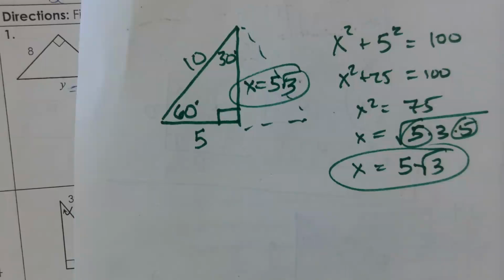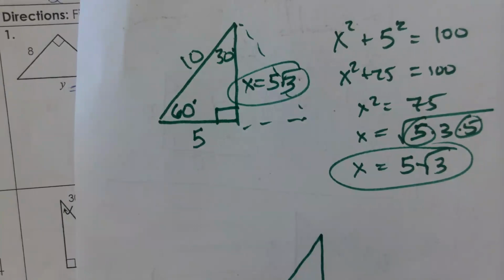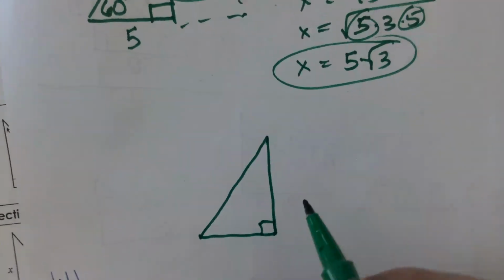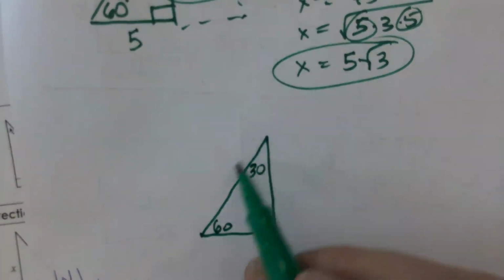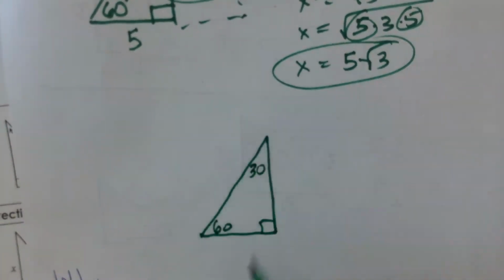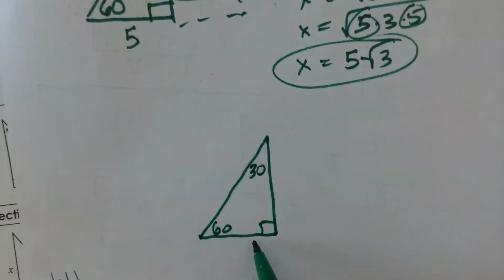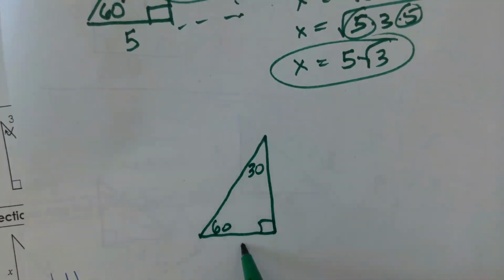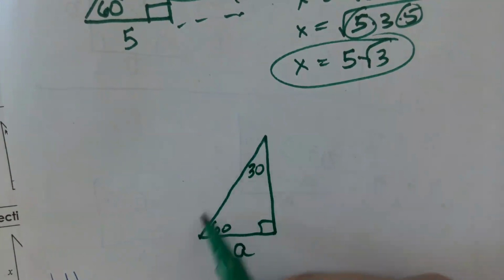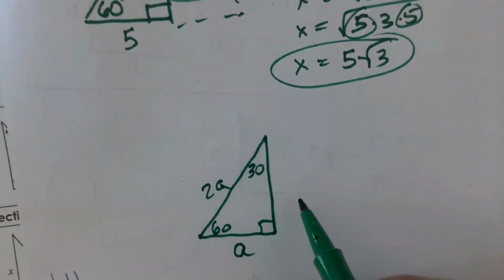Did we get 5 root 3? Yeah. All right. Would anyone like to hazard a guess as to what's true about every 30, 60, 90 triangle? Whatever this side is, don't we know this is going to be half as much? Because if it were an equilateral triangle, whatever this is gets cut in half. So if this starts off as A, how big is the hypotenuse? 2A. And what's this side going to end up being?